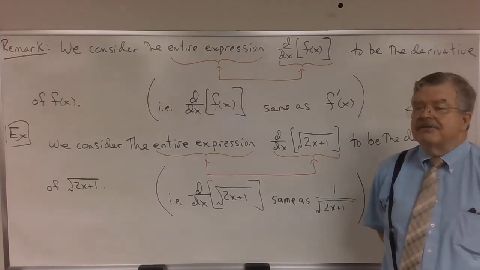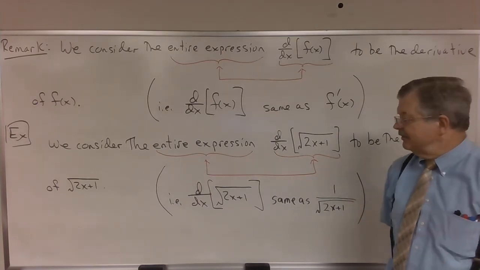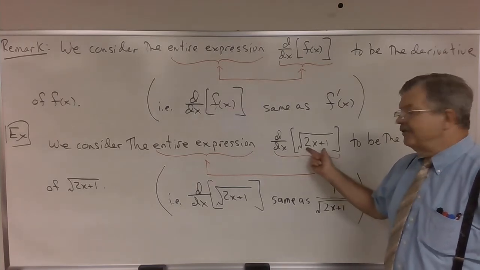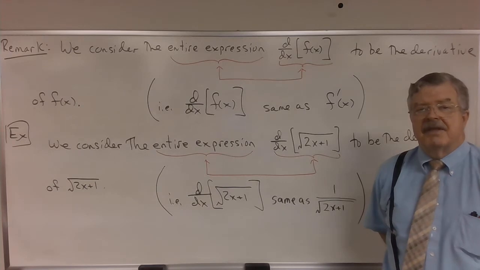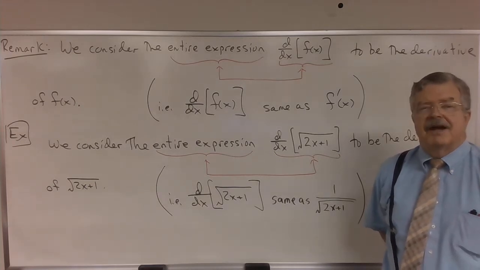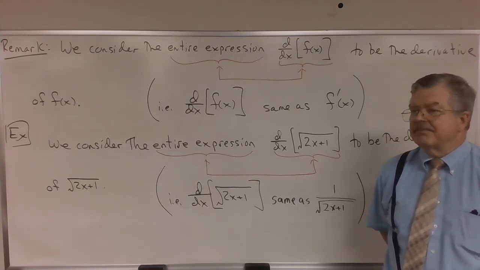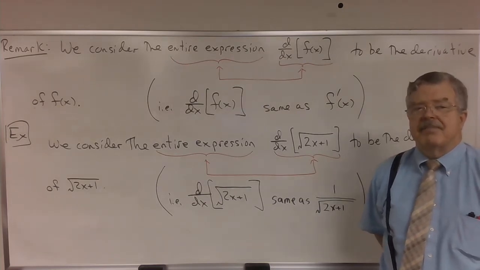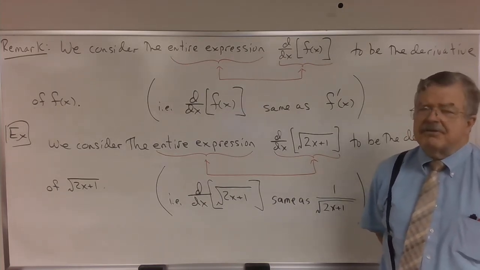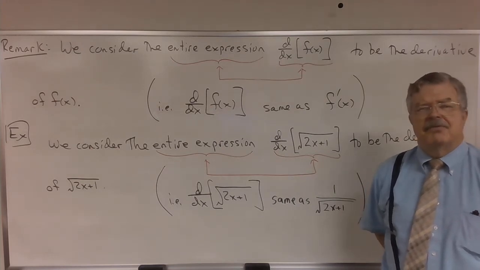And for a function like f of x equals square root of 2x plus 1, it's fairly complicated. For the exercise that we did before that, and I don't remember what it was, but it was a second degree polynomial. It took us quite a bit of work to compute that derivative too.